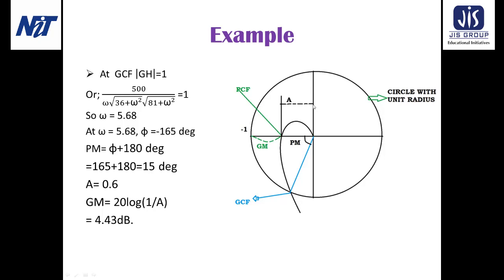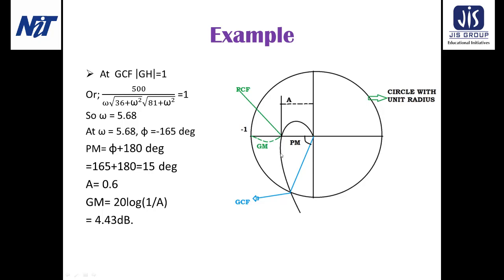The gain margin is the difference from the -1 point to this point. In dB we can convert it into 20 log 1 by A, where A is 0.6, the magnitude of G(j omega) at the phase crossover frequency.